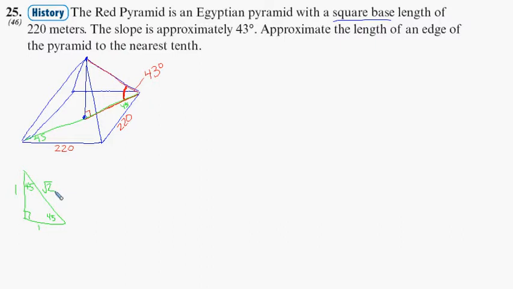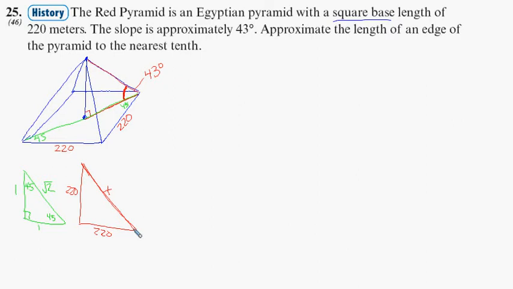This is our reference triangle, and then we can draw the base of the pyramid, from the pyramid floor. So we know this is 220, we know this is 220, and we're trying to figure out what this is, okay? That would give us this x value right here, the green diagonal on our pyramid floor.